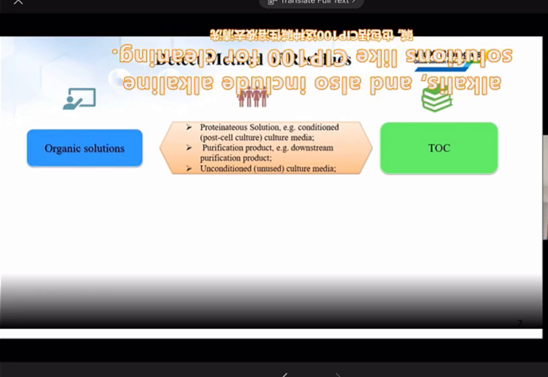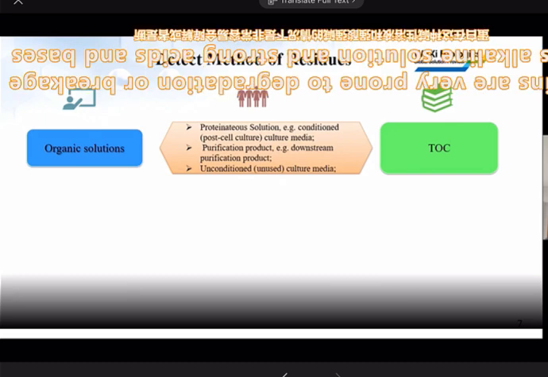We use the TOC method to detect these organic residues. Why use the TOC method instead of protein-specific methods? Because during the CIP process, we generally use strong acids or alkalis, and also alkaline solutions like CIP 100 for cleaning.